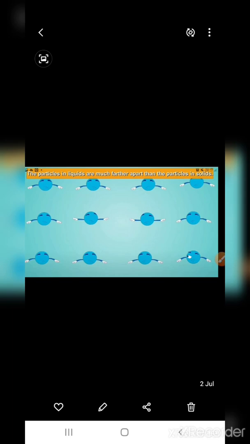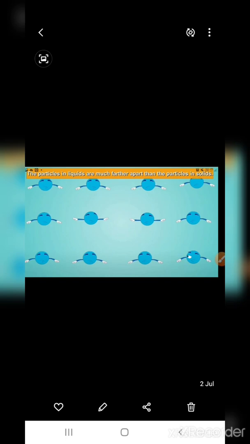Now look at the particles of liquid. In the liquid state the particles are packed closely together, but the particles in liquids are much farther apart than the particles in solids.